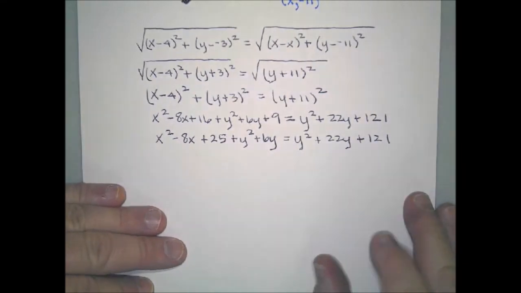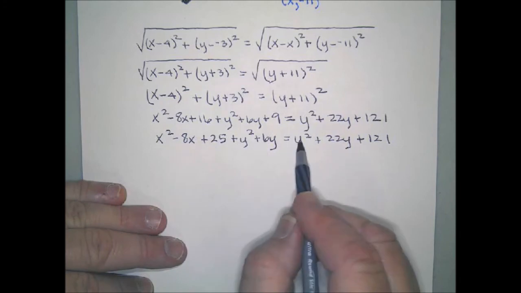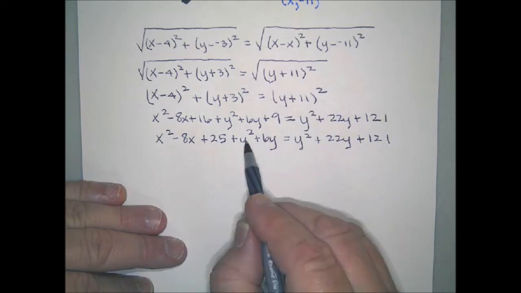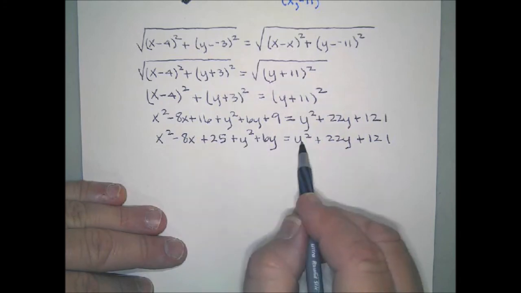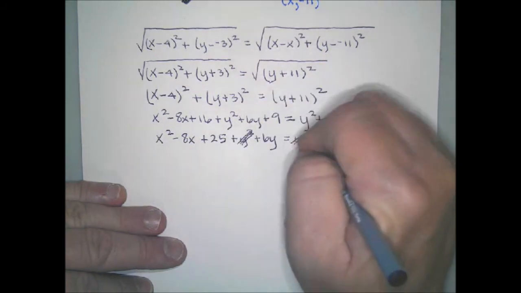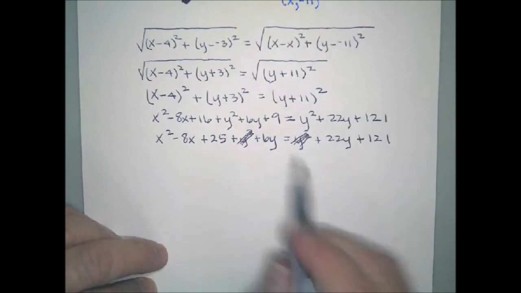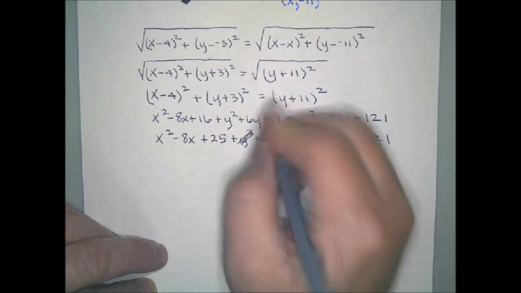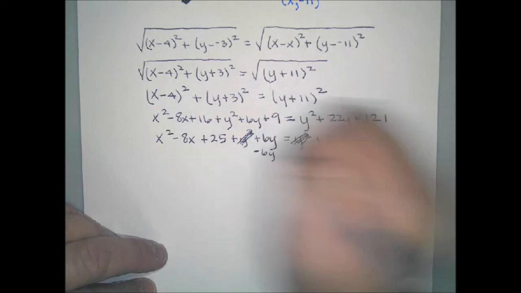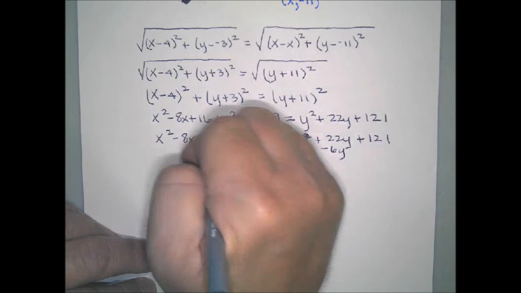Now my next step is going to be, see that y squared on this side and that y squared on that side? If I tried to move one over to the other, they would both cancel. So they cancel each other. Now, I'm going to take the 6y over there, and I'm going to take the constant over there as well.